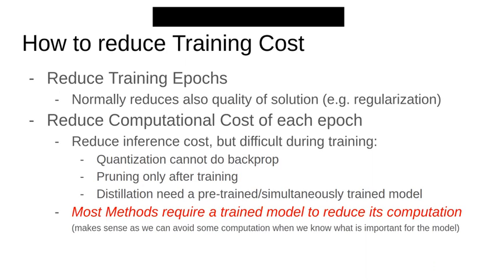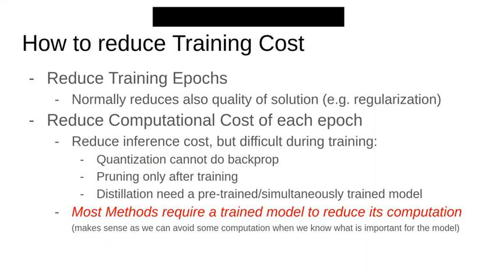Another approach is to reduce the computational cost of inference, because during training we need to perform a forward propagation, which is exactly inference. And then if we reduce the cost of inference, then we can reduce the computational cost of training.